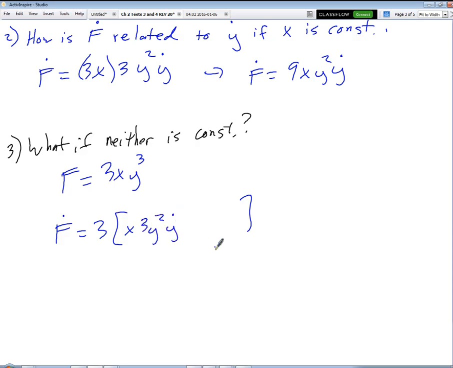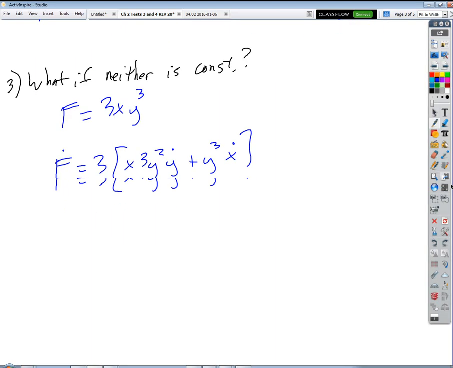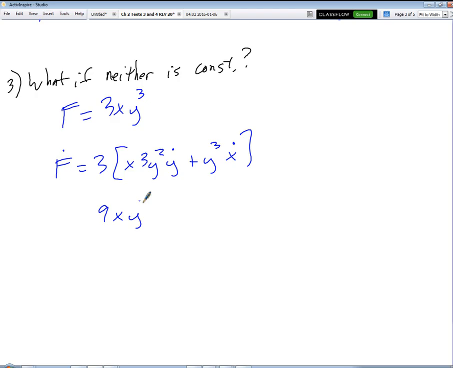Okay, plus second, which is y cubed. What's the derivative of x with respect to t? x dot. There you go. So when all the dust settles here, I get 9xy squared y dot plus 3y cubed x dot.